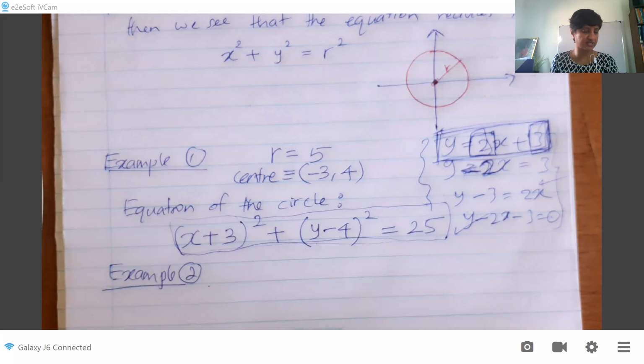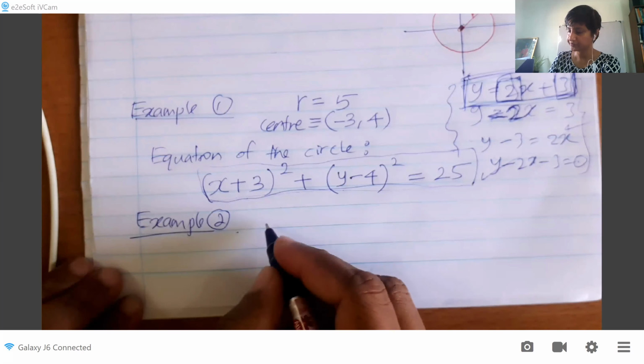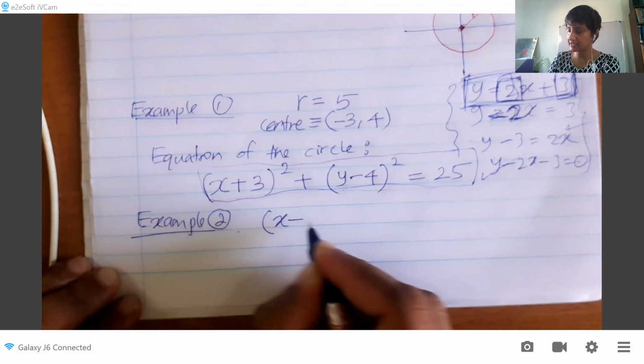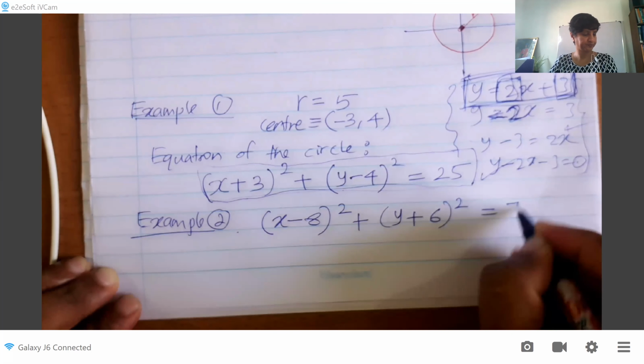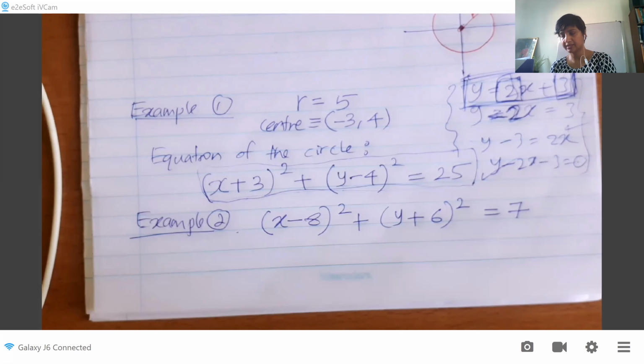Example 2. The equation of a circle is, I'm giving you the equation now, x minus 8 squared plus y plus 6 squared equals 7.